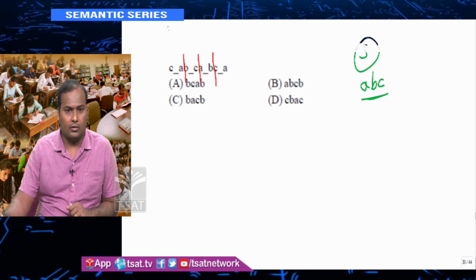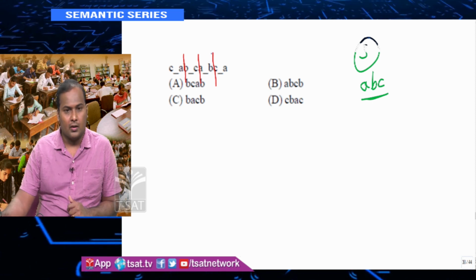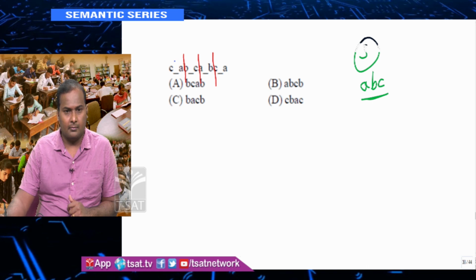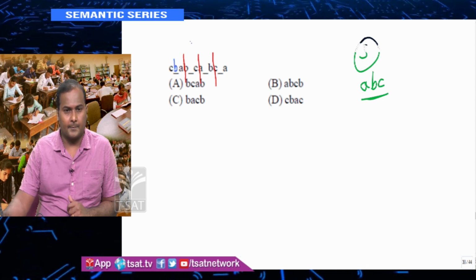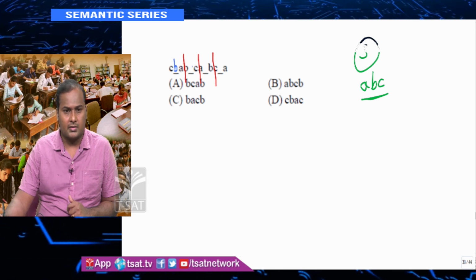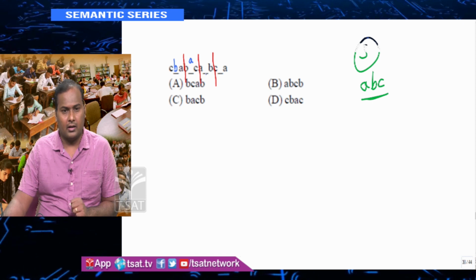After dividing, I will try to fill in either A or B or C. In the first block, C is already there and A is there. What is missing? B. So I will keep B. In the second block, B is there, C is there. What am I missing? A. So keep A. In the third block, A and B are there.